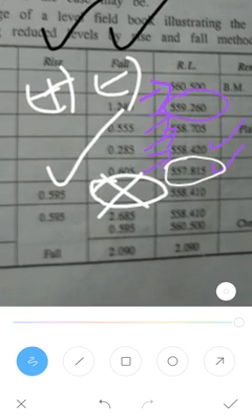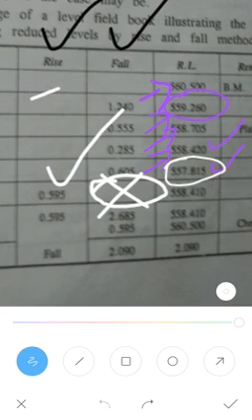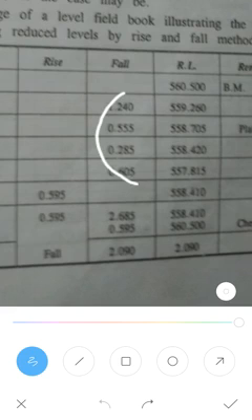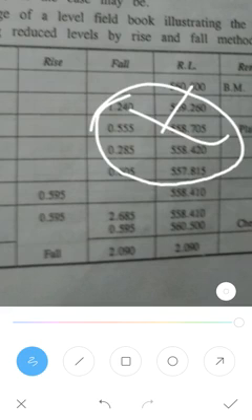557.815 plus 0.595 will give 558.410. I am repeating once again. All the values after taking the RL through fall are over, forget it.